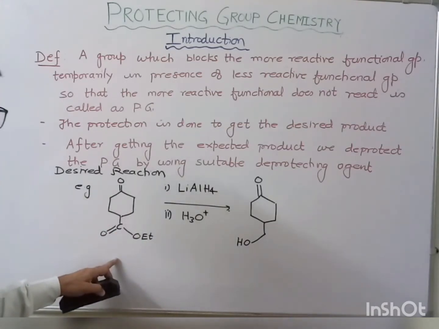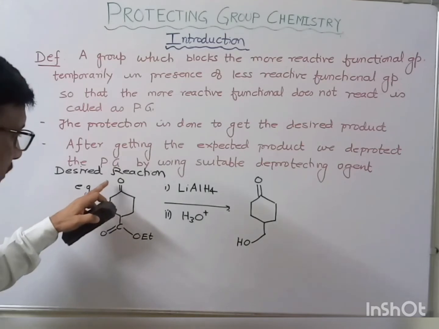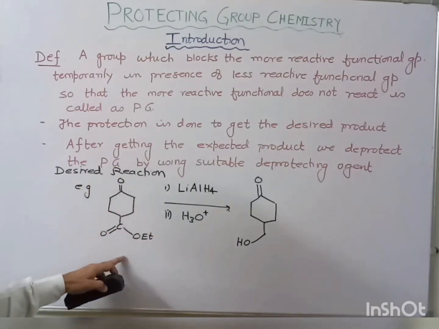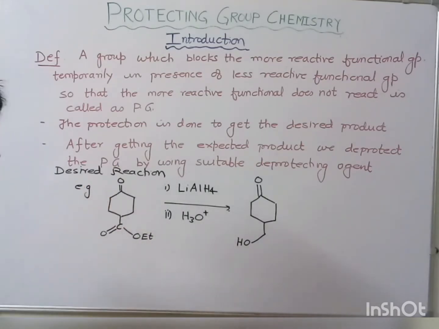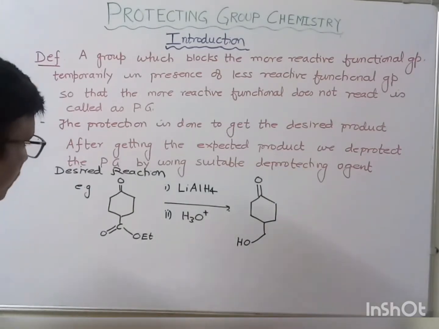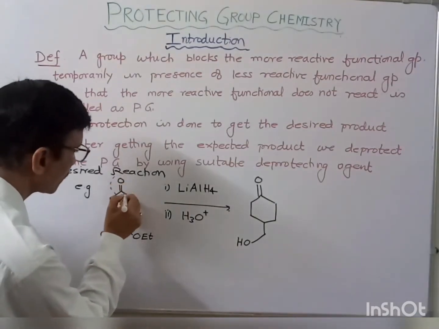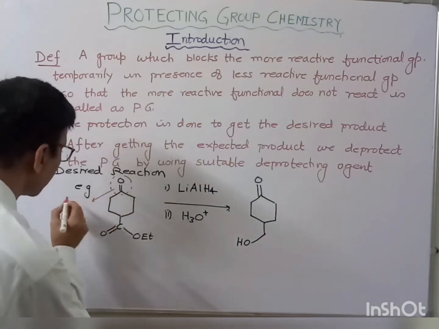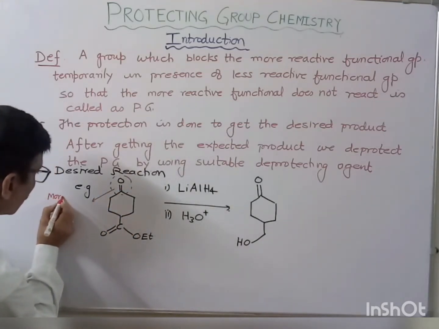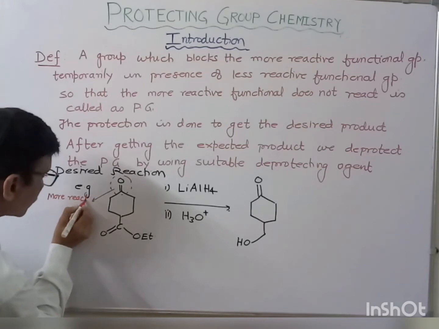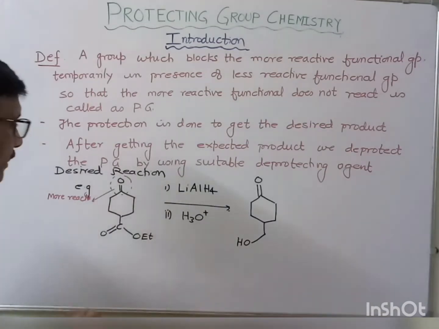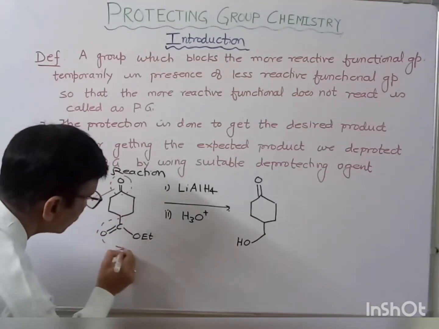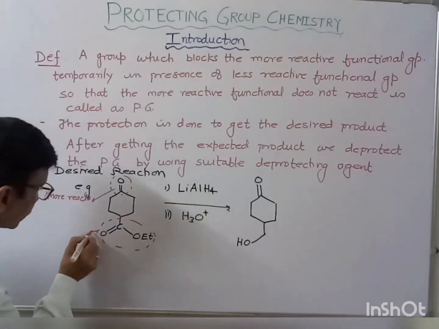One is this keto group, and another is the ester group. Out of these two functional groups, this keto group is more reactive, and this ester group is less reactive.